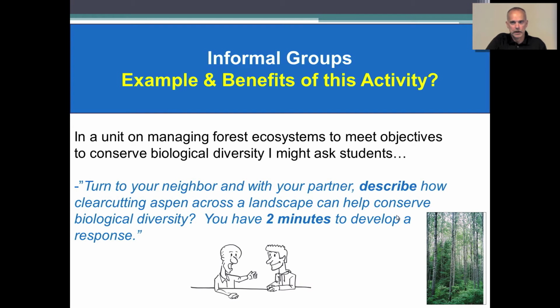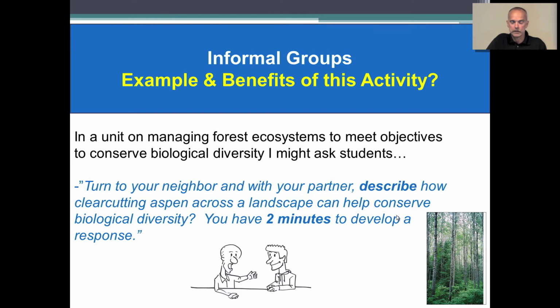First of all, I expect them to describe how clear-cutting aspen across the landscape can conserve biological diversity. I don't want them to define anything. I don't want them to define clear-cutting. I don't want them to define biological diversity. I'm assuming by asking this question that they know those lower level types of information. What I want is for them to describe things.